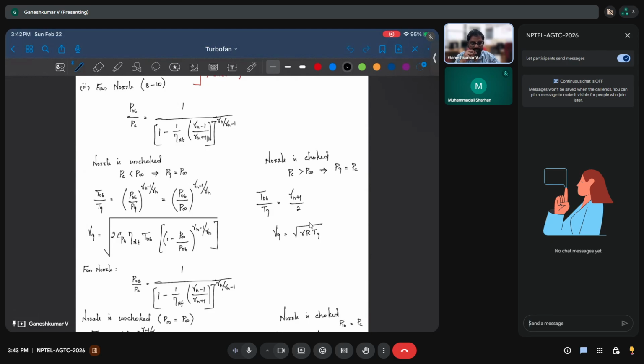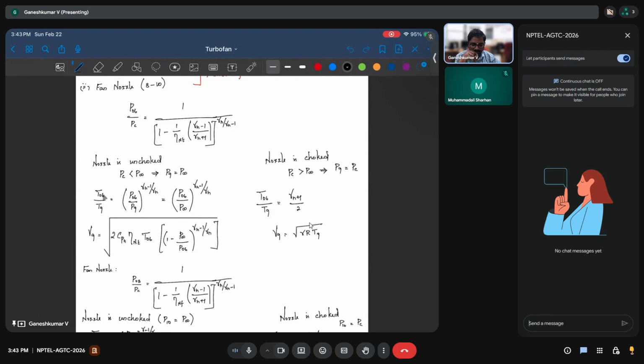And that critical pressure ratio should be greater than the ambient pressure if it is choked. If it is less, then it is unchoked. And if it is unchoked, you have to use these relations. And you can see that for V9, if it is unchoked, the pressure at the exit is the same as ambient, so there is no calculation in that.